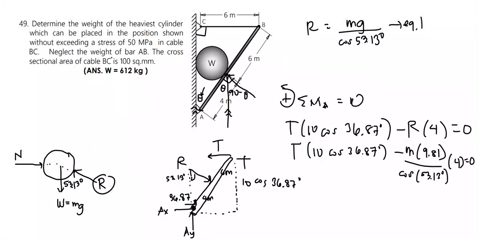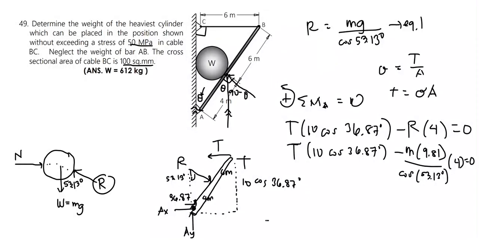And then for T, we are given a stress of 50 megapascals, which should not be exceeded, in a cable cross-sectional area of 100 square millimeters. We can solve for T by using the equation for stress, that is equal to force T divided by the area. We get T just equal to stress times the area.